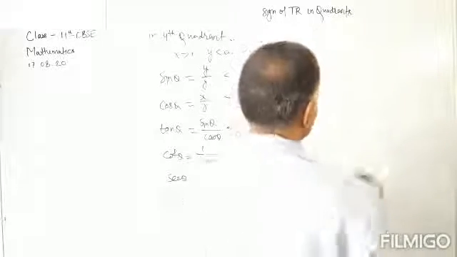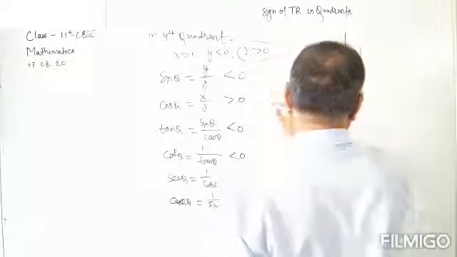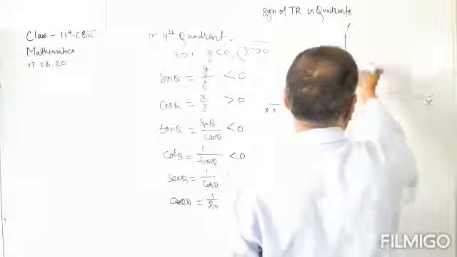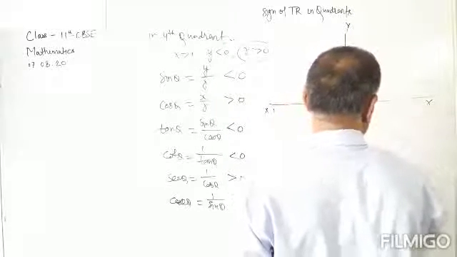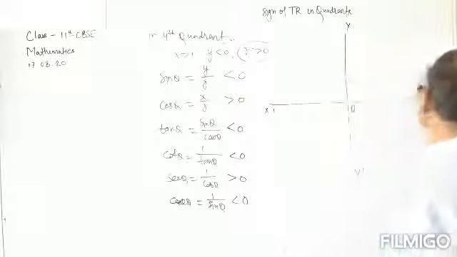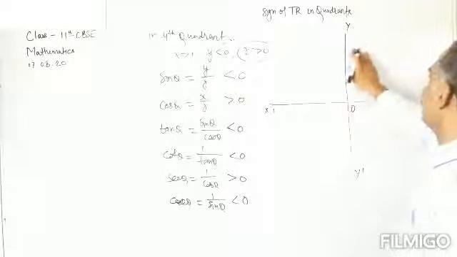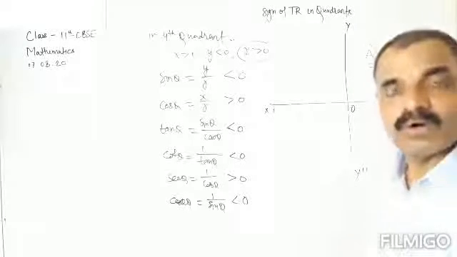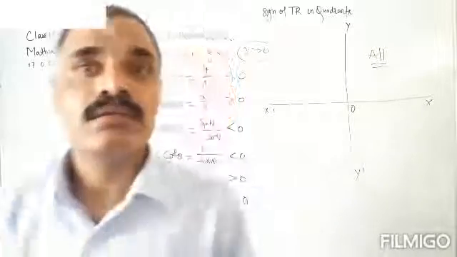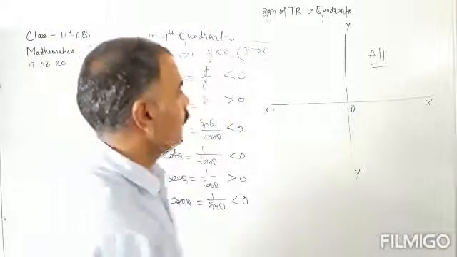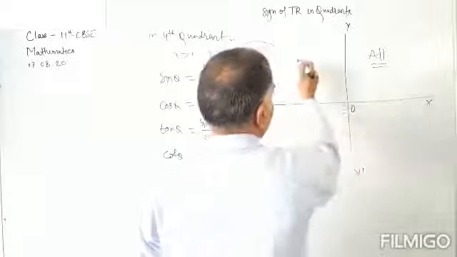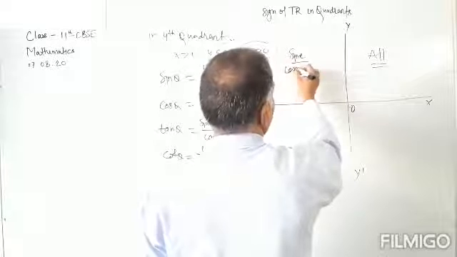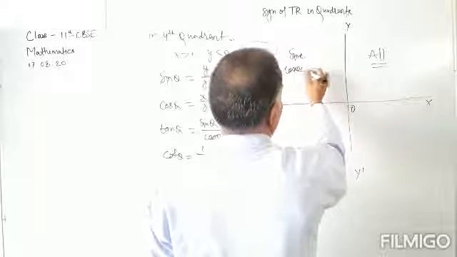This is X'OX, Y'OY. This is the first quadrant. In this quadrant all are positive. All trigonometric ratios are positive in the first quadrant. Then in the second quadrant, sine and its reciprocal cosec are positive.